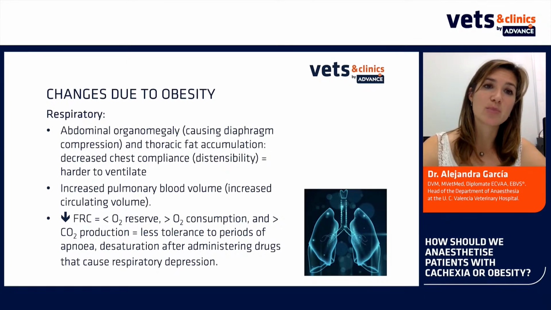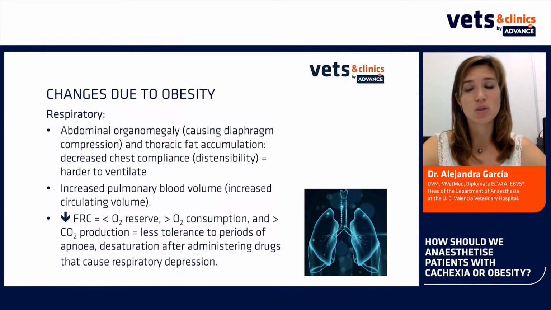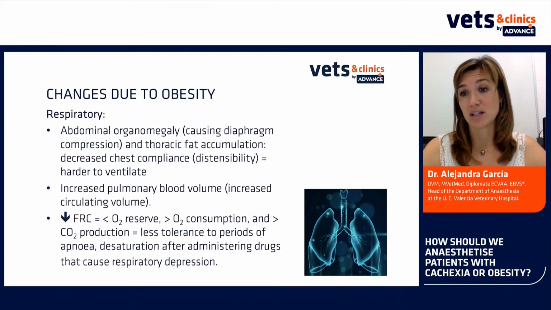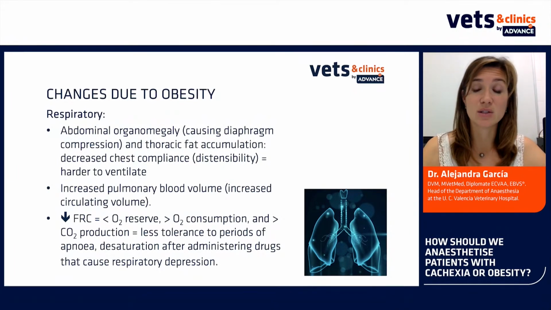Talking about the respiratory changes, which is also one of the important systems for anesthesia, the abdominal organomegaly caused by increased fat tissue infiltration in the abdomen causes the diaphragm to be cranially displaced, therefore causing a compression of the lungs.